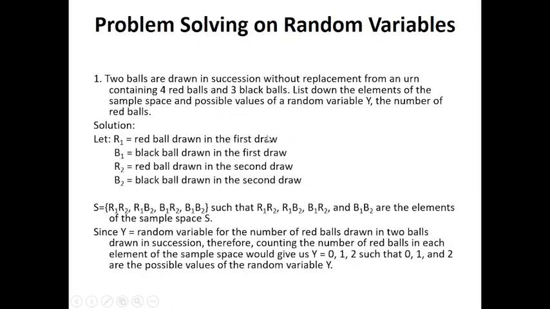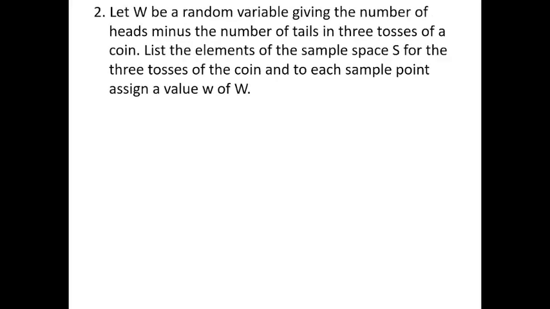So we now proceed. Let W be a random variable giving the number of heads minus the number of tails in three tosses of a coin. List the elements of the sample space S for the three tosses of the coin, and to each sample point assign a value w of W. Okay, let's analyze.